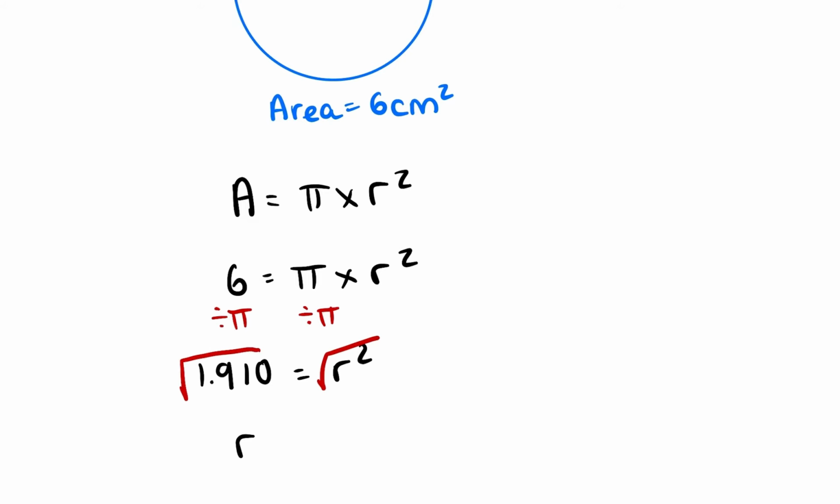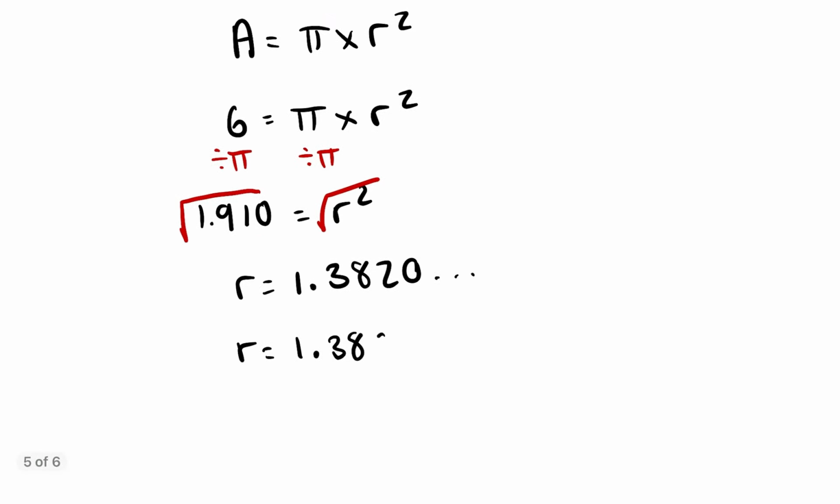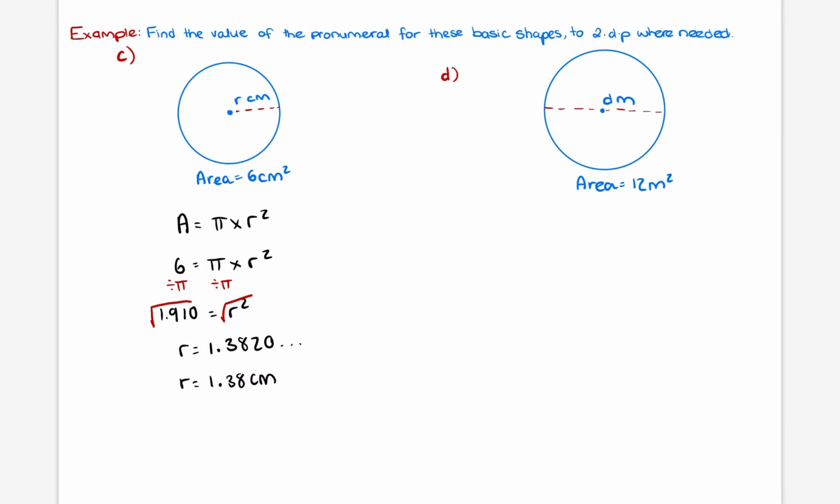So r equals the square root of 1.910, and I get 1.380 and so on. But we want 2 decimal places, so r equals 1.38, and I'm working in centimeters. Now, because we're not finding the area, it's already been found, we don't need to add that squared.